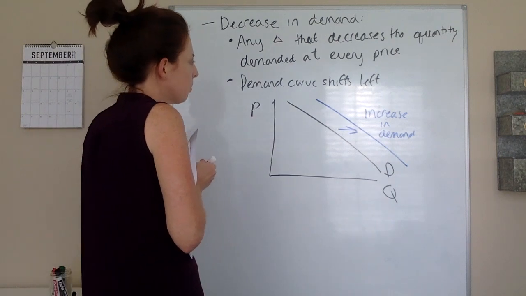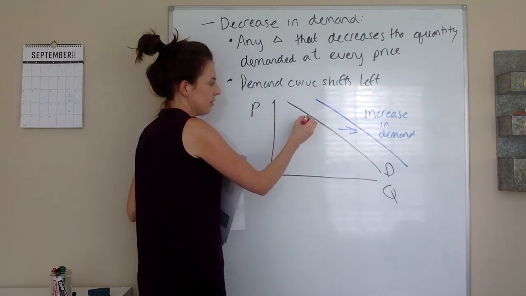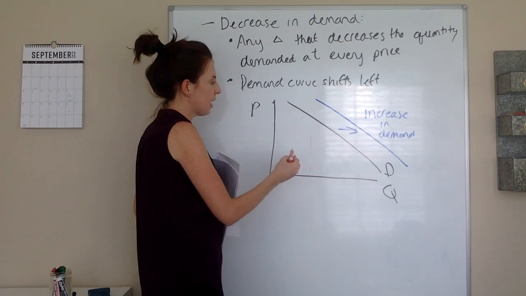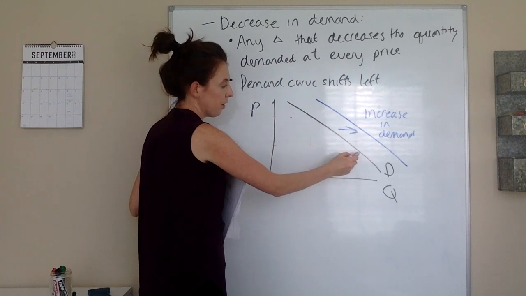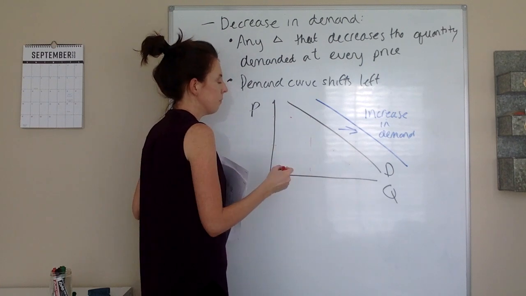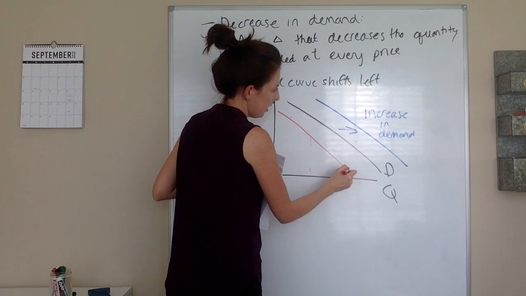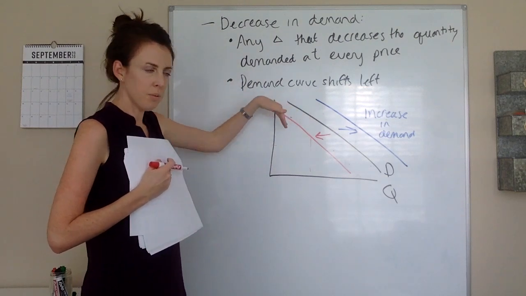means that for any given price that you might look at, for example this price, whatever the original quantity demanded was, there has to now be a lower quantity demanded. And this is true for any given price that you might consider. So a decrease in demand would look like the curve moving from the black line to the red line.